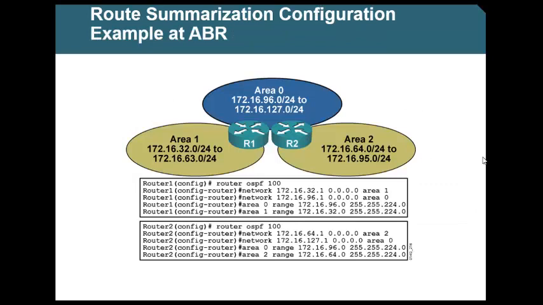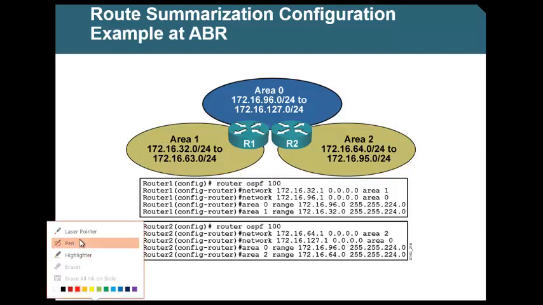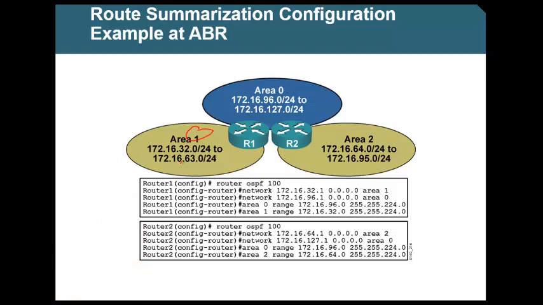So here is an example. To summarize from 32 to 63 in the area 1 network, area 1 has networks starting from 32 to 63. So you start from 32 in router 1.